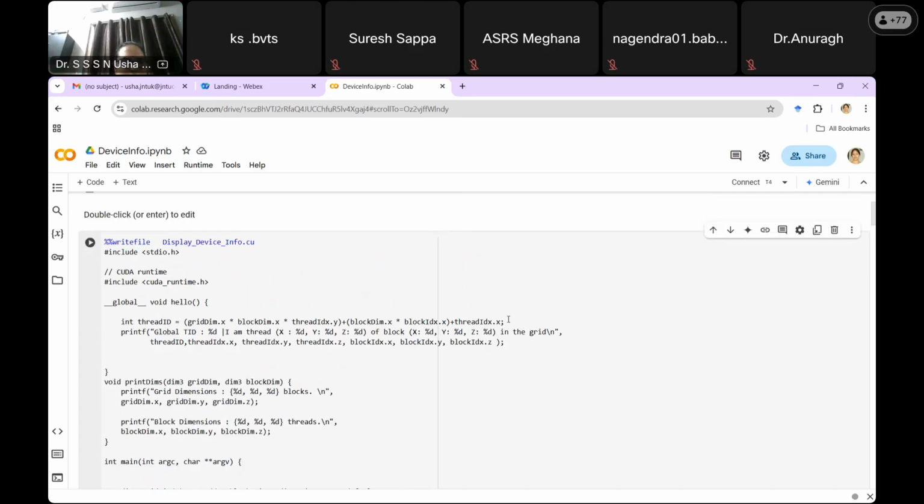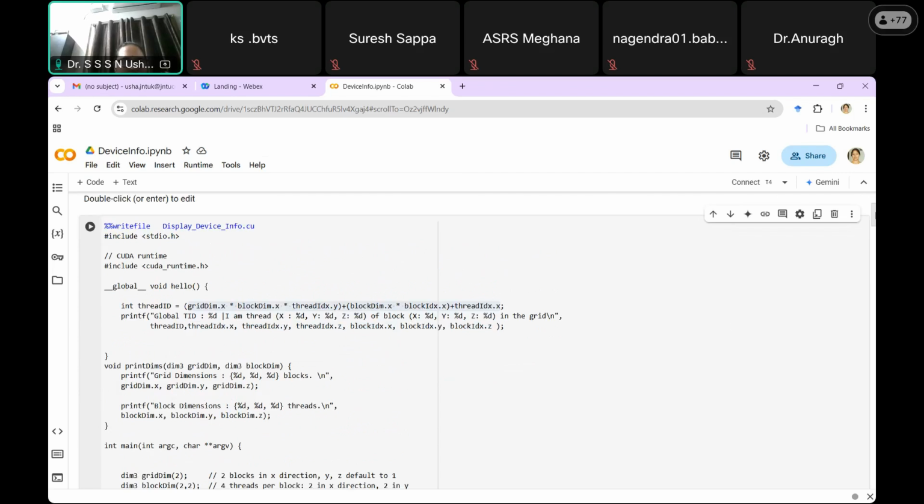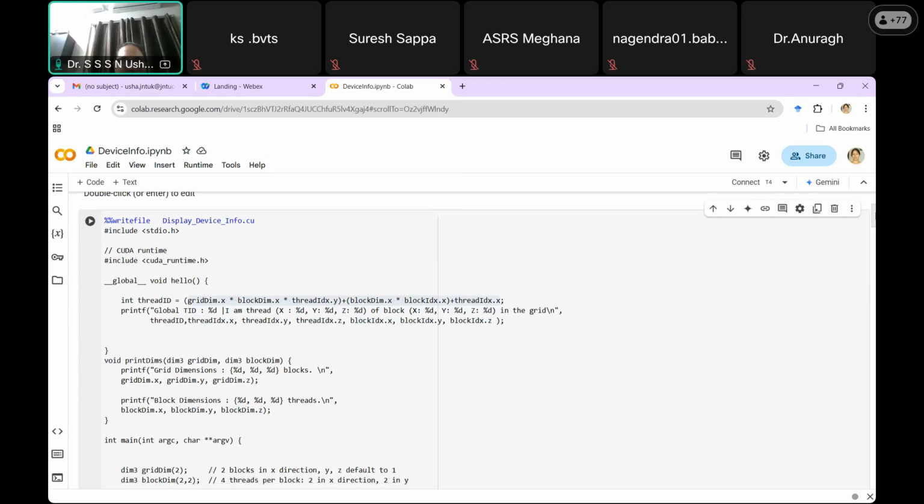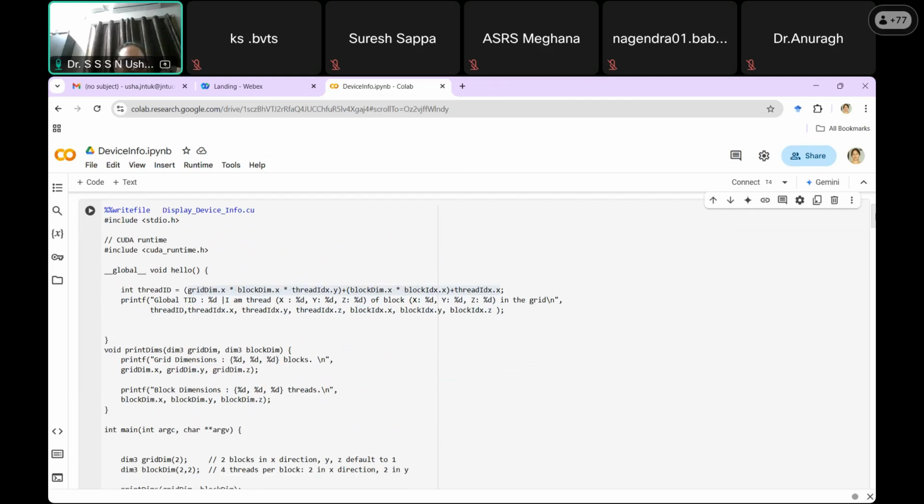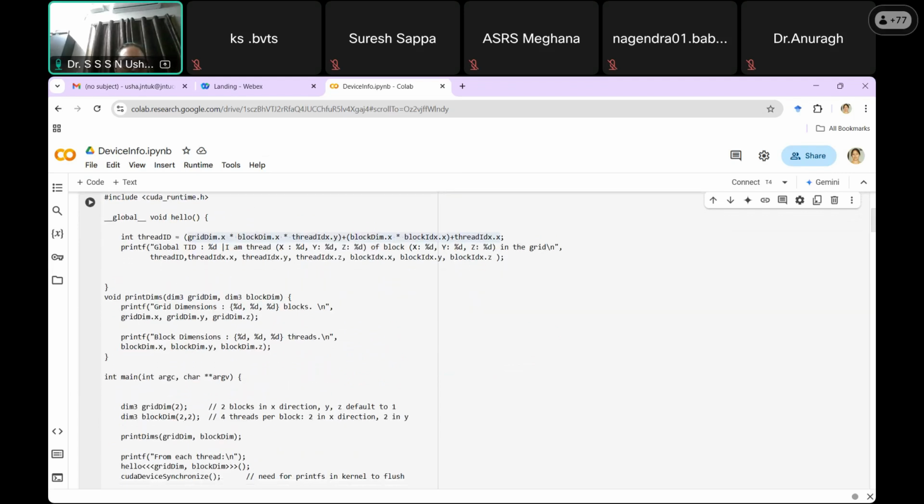This formula is used to print the thread ID. I'm going to share it, just try to see this. So we can identify the thread ID based on the grid dimension, block dimension, and thread ID, like how we have seen theoretically in a previous example.